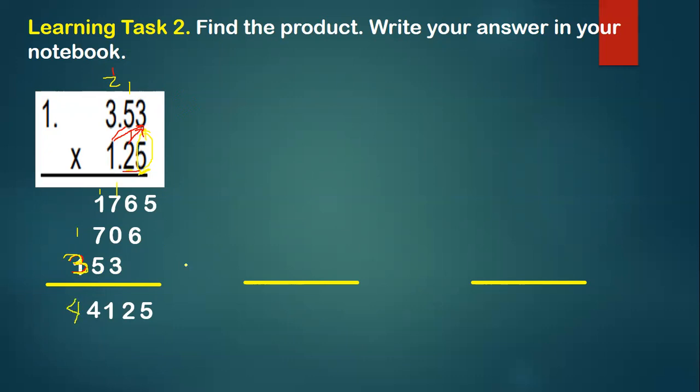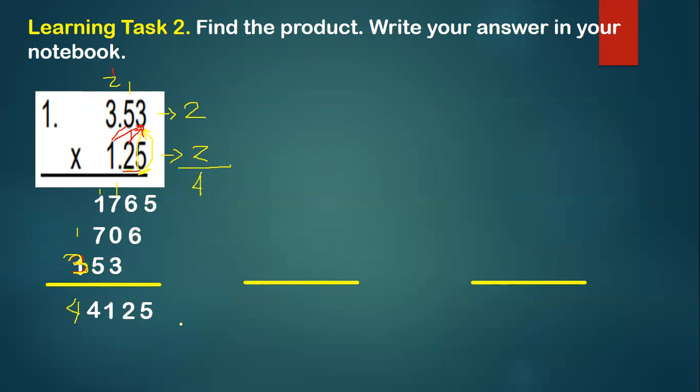Sulat ko na lang. And then, lastly, tingnan niyo wala pang decimal point yan, no? So, ang gagawin natin, bilangin natin kung ilang decimal places meron ang ating factors. Sa unang factor natin, that is 3.53, meron yan dalawang decimal places. Okay? Sa pangalawang factor natin, that is 1.25, meron din yan dalawang decimal places. Kung saan, ang total lahat ay 4.